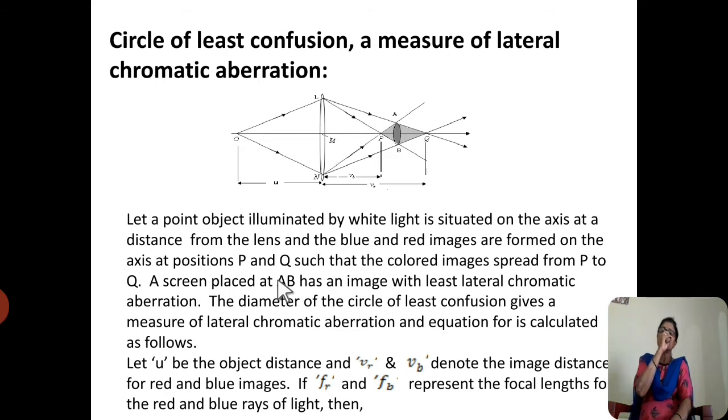Now come to the circle of least confusion, or a measure of lateral chromatic aberration. Now we have to consider this figure.